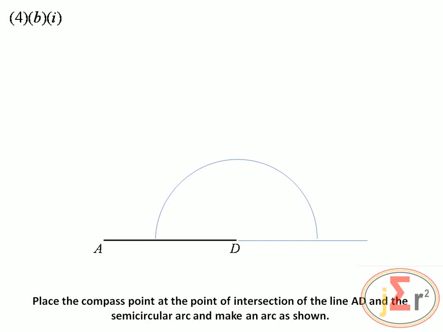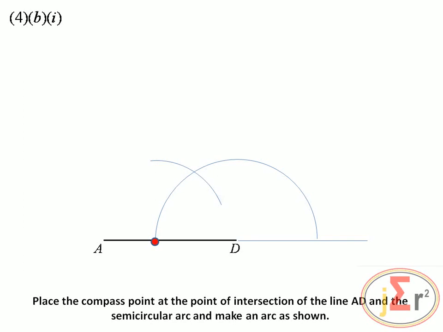Place the compass point at the point of intersection of the line AD and the semicircular arc and make an arc as shown. Intersection of the line AD and the semicircular arc, place your compass point right there, little red circle, and make an arc like so.